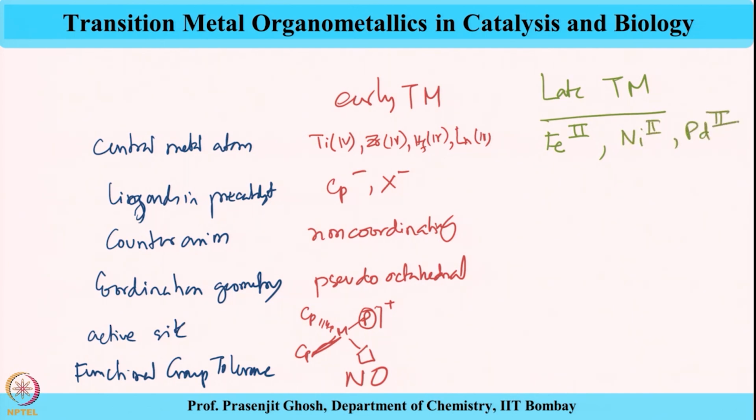Actually they sort of did the trick; whatever was a challenge for these early transition metals was met by the late transition metals. The ligands used were diphos, which are non-Cp type ligands, diamine, or halide X minus type of ligand.